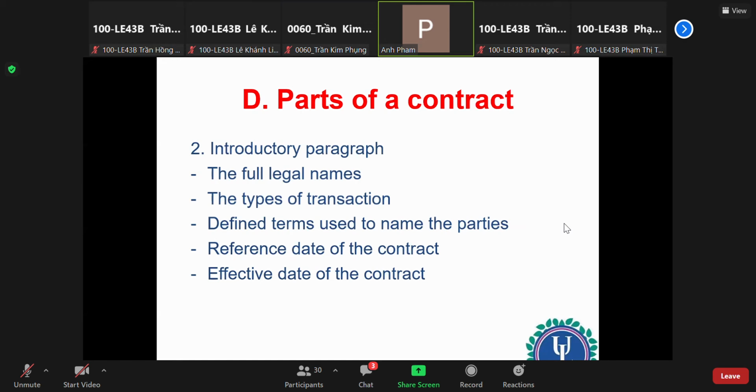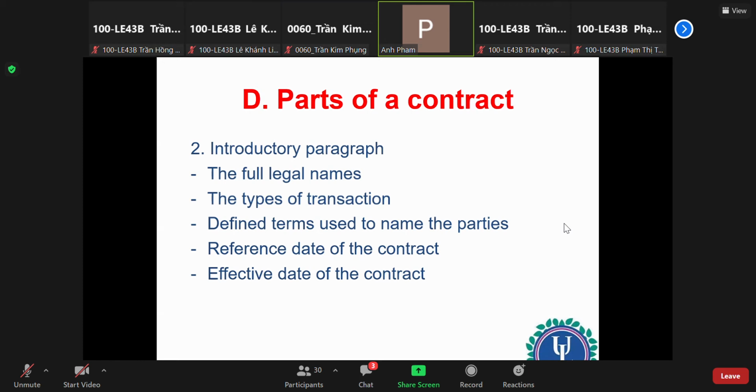You may question, like in some cases, the contract is entered into by different parties, for example, by 4 parties from 4 different countries. So what should be the date of the contract? And what should be the effective date of the contract?